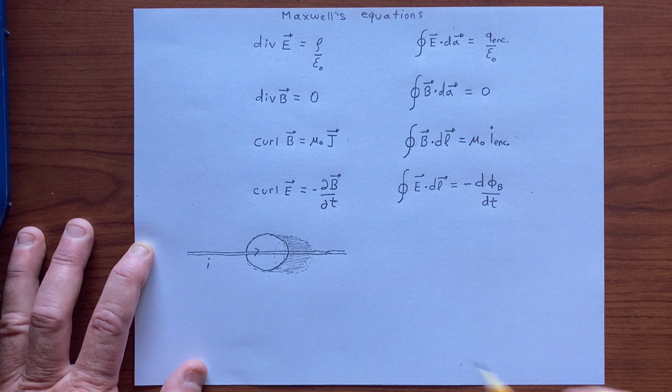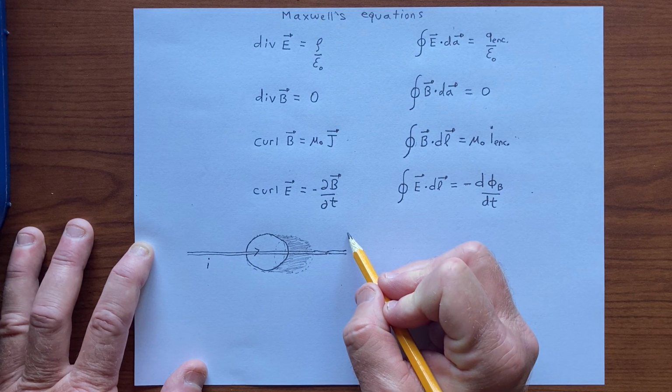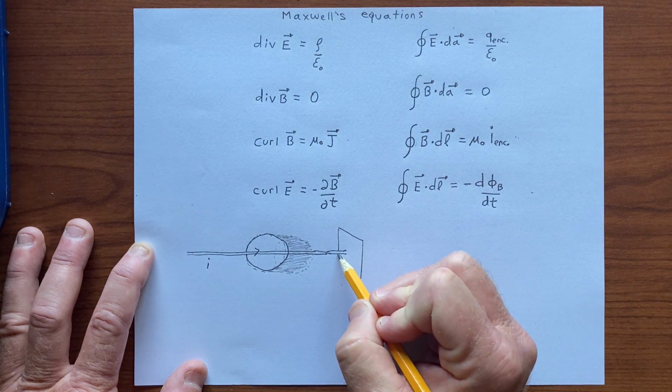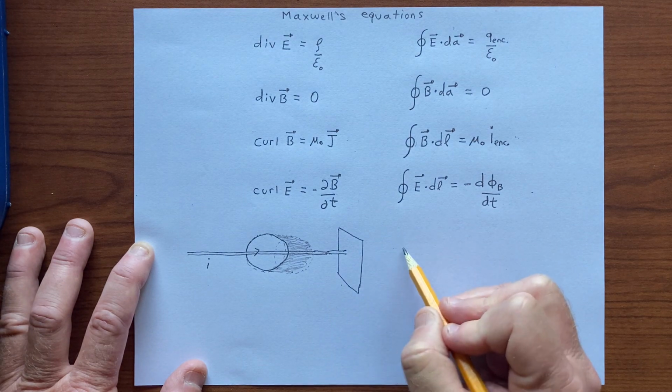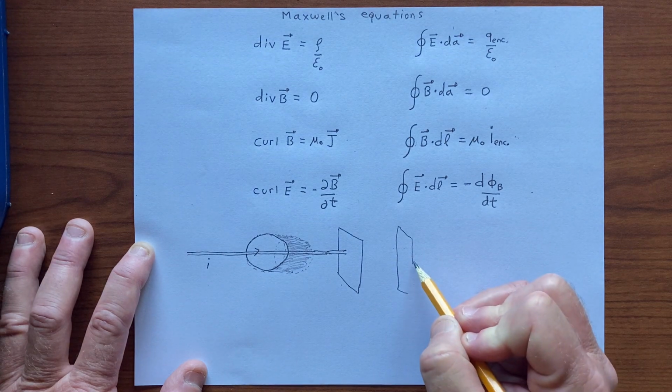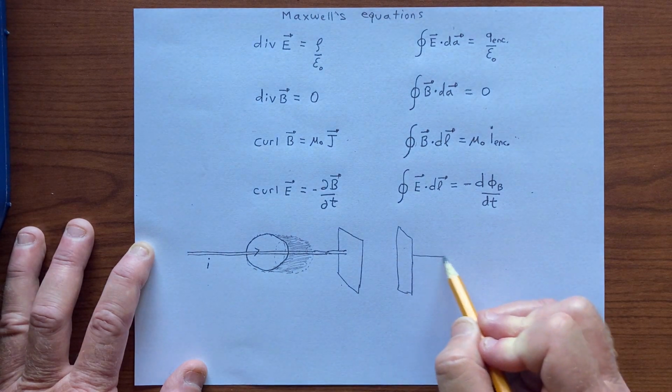But if we are in a circuit where we have a capacitor here, and we're charging the capacitor with current, then things become a little ambiguous.